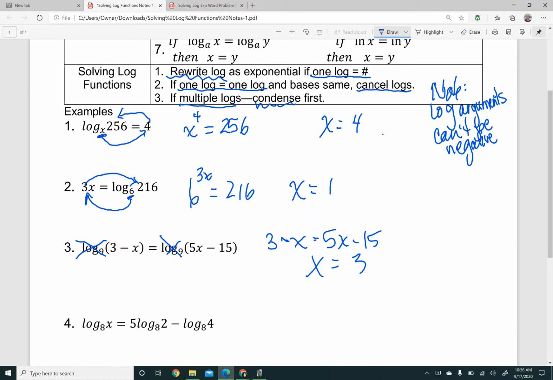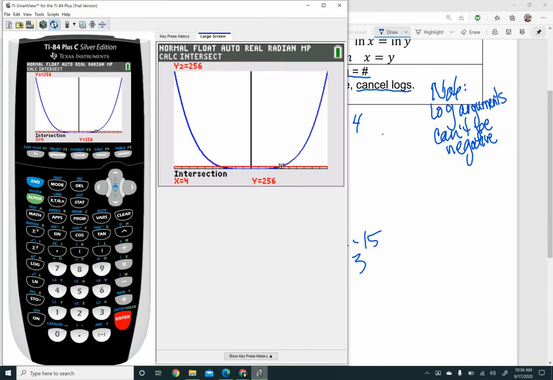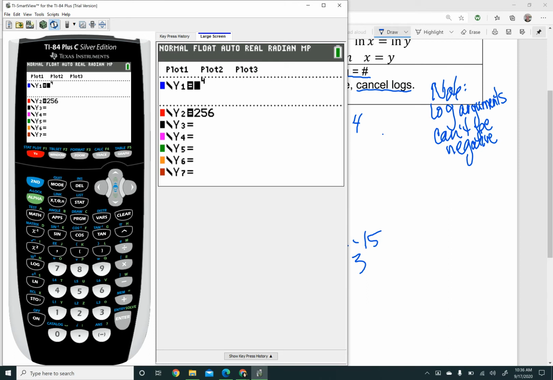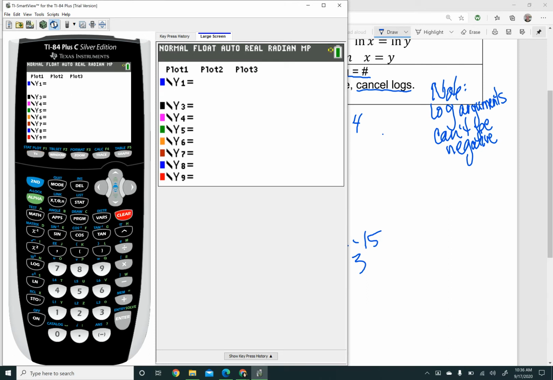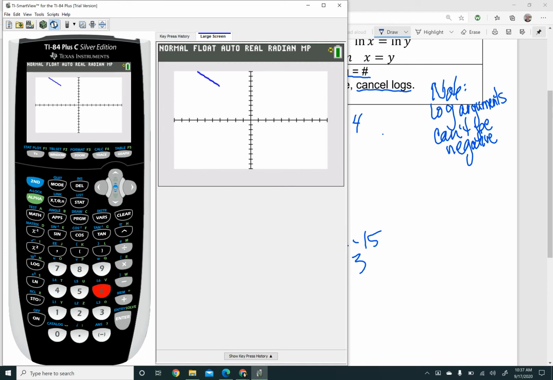If I was doing this in my calculator, I would do the same concept. I would do left-hand side, right-hand side. So I would do 3 minus x and 5x minus 15. And I'm going to zoom back into a good window here in 6.